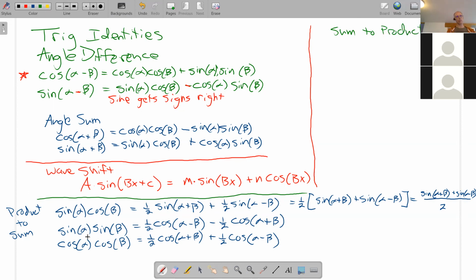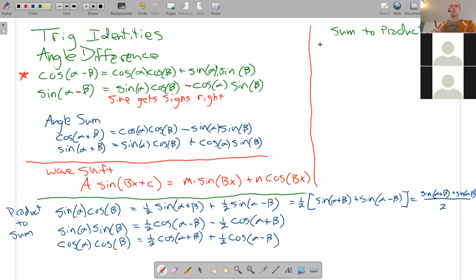Now, interesting thing about the product to sum, notice there's 3 of them. And some people ask, well, if there's a sine cosine, why isn't there a cosine sine? And you just switch alpha and beta and you get the same formula really. So there doesn't need to be a cosine sine. It's the same as the sine cosine. So sometimes when we switch things, it doesn't matter. Sometimes it does. There it does not.